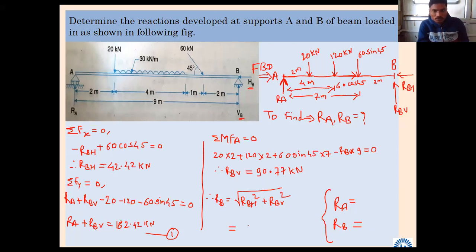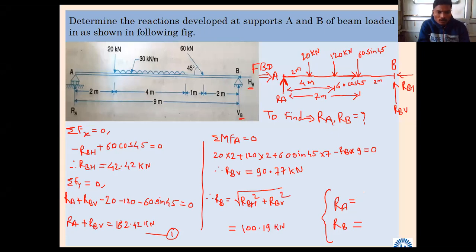Then what is the value of RB? 100.19. 100.19 kilonewton. So these are the two answers, RB and RA. Where have we found out RA?